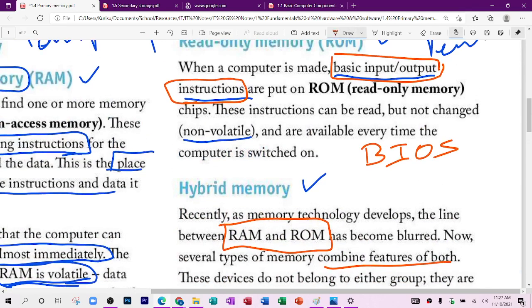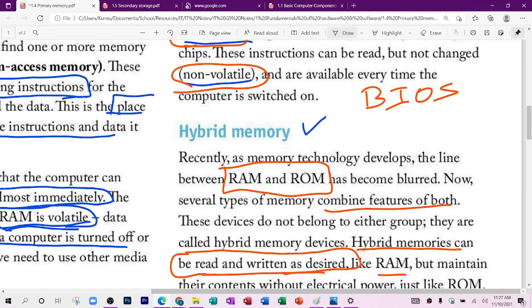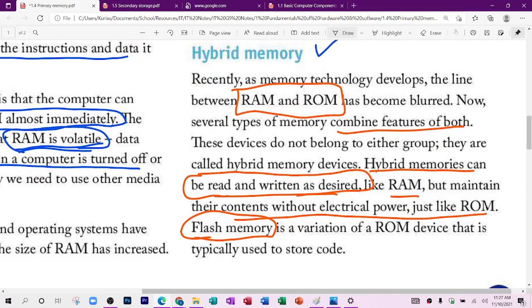So they took the non-volatile from ROM, and they took the ability to read and write at any time from RAM and created hybrid memory. So they took the advantage of both.